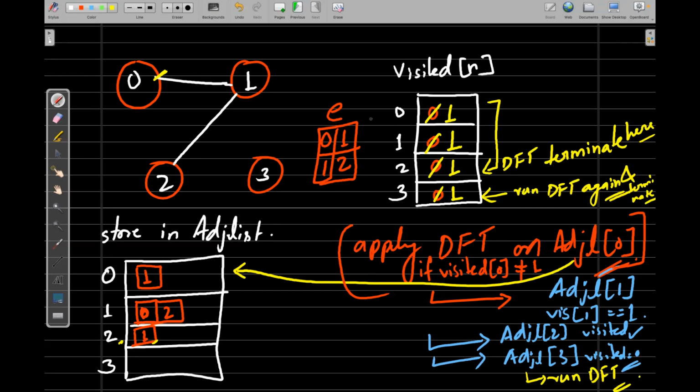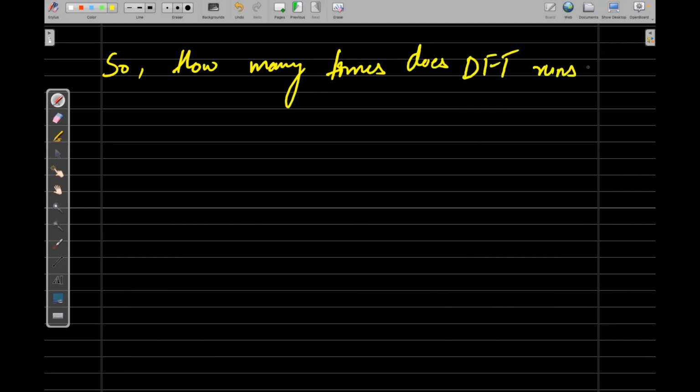One time at this point and one at this point. Yes or no? That's a DFT. So how many times does DFT run? The answer is 2 times.